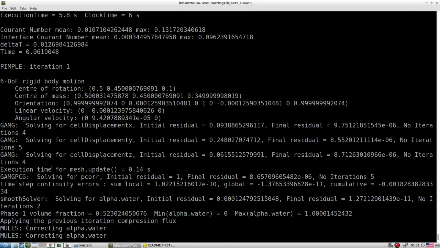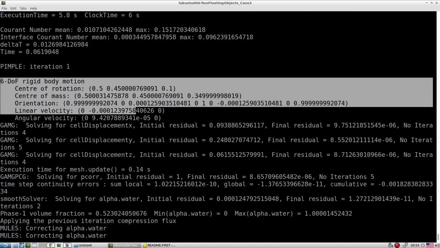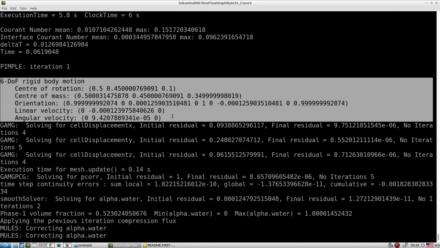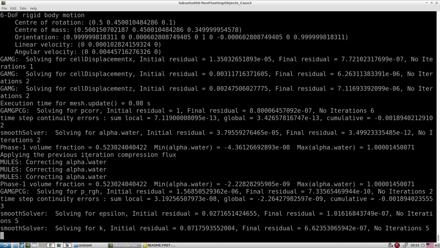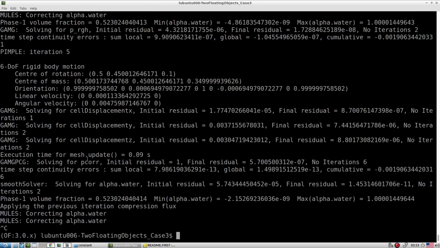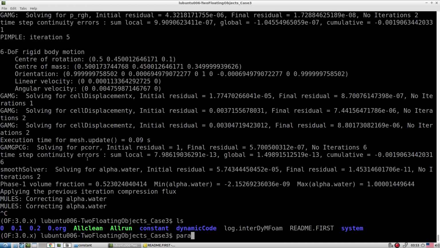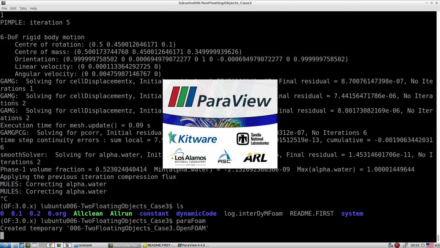Here we have only one 6 degree of freedom motion, but the other object is moving with respect to the particular motion specified for it. That is what one can see when we look at the post-processing of this test case.